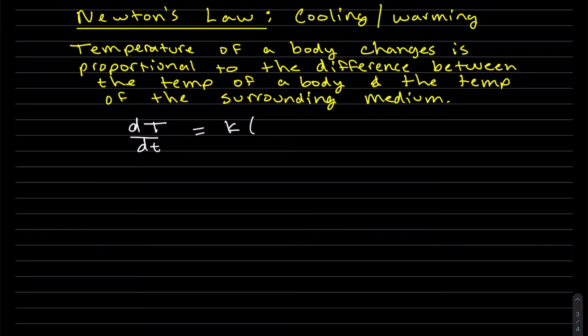Proportional to the difference between the temperature of the body, we'll call that T, and the temperature of the surrounding medium, we'll call that Tm. So T is the temp of the body, and Tm is the temperature of the medium, which is the surrounding area.